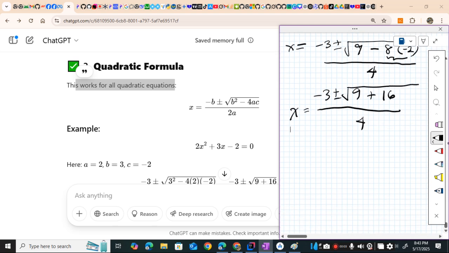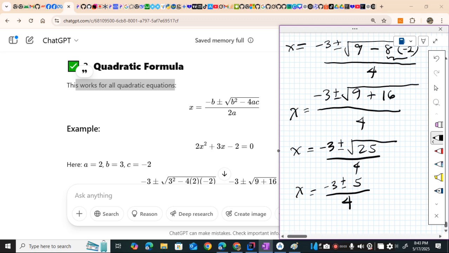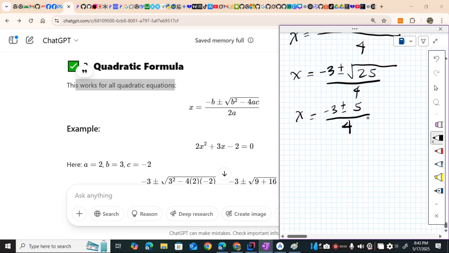Let's scroll down further and simplify this. x equals negative 3 plus or minus the square root of 9 plus 16, which is 25, over 4. Now this is quite simple. It's just the square root of 25, which is 5, and we have over 4. Now the two roots are quite obvious.